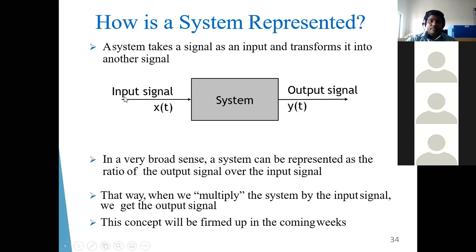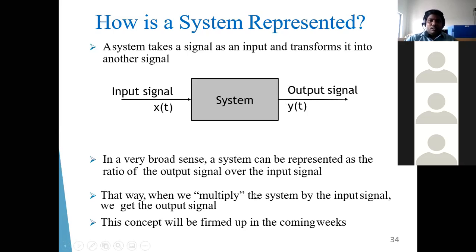So the input signal is represented as x of t and the output signal as y of t, simply and mathematically represented by these two signals. Here x of t is driven to the system, the system processes the signal x of t and provides the output signal y of t. So this is the simple graphical representation of a system.